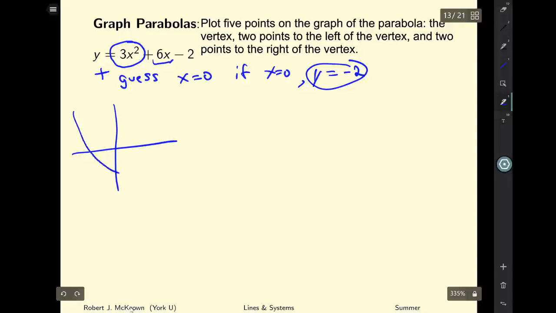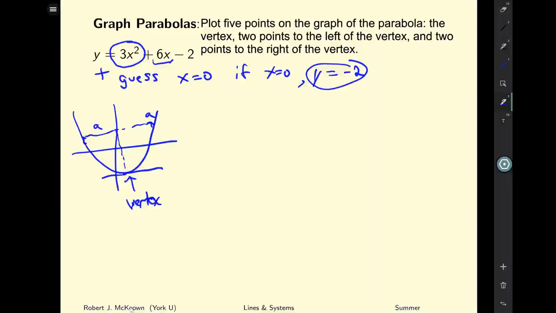So the vertex is going to occur at the minimum. So I can plug and play with some numbers and see if I can find that minimum. I know that a parabola has a certain amount of symmetry. If I draw a straight line coming up from the vertex, then the distance from that straight line to each of its wings is going to be the same.